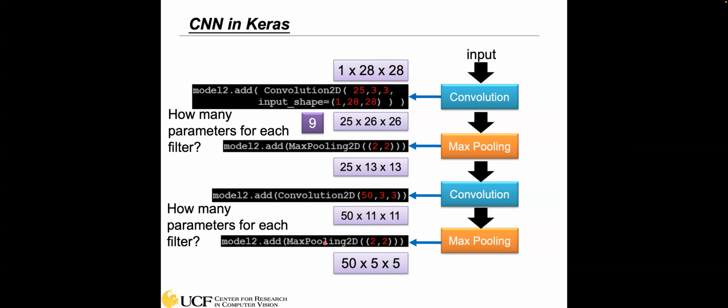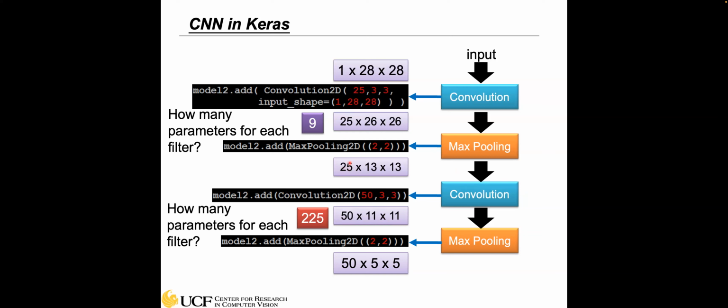Okay. And how about the second convolutional layer? How many parameters for each filter? It's going to be 225, right? Why is that? You have 3 times 3, and you also have the channel dimension of 25.